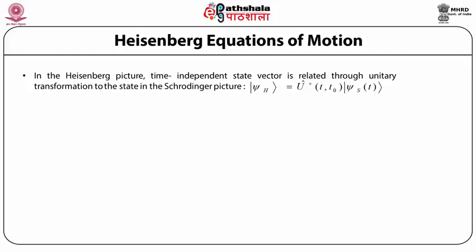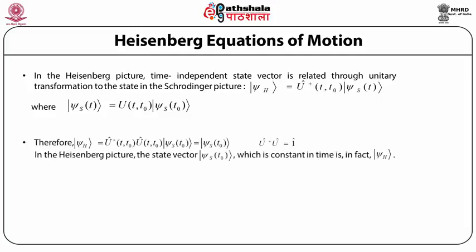That is, if we have a state vector, ket psi subscript H, defined in the Heisenberg formulation, then ket psi_H is equal to the unitary operator U dagger(t, t0) acting on the ket psi_S(t) in the Schrödinger formalism, where ket psi_S(t) is equal to the unitary operator U(t, t0) acting on ket psi_S(t0), the state vector in the Schrödinger formalism.